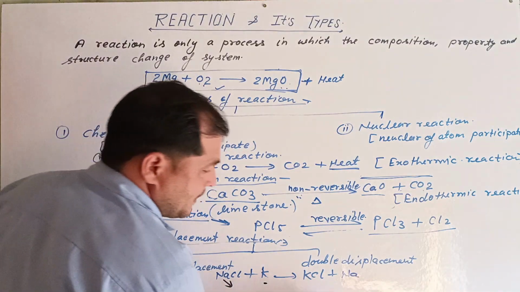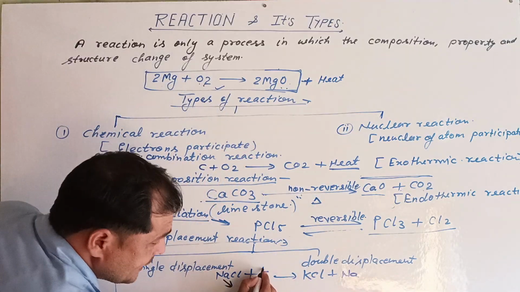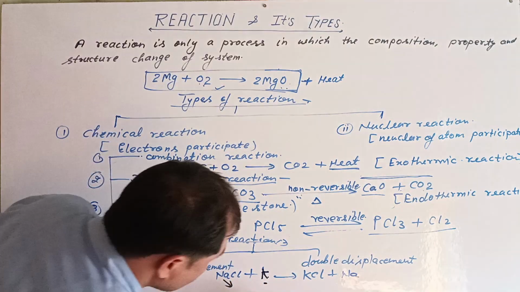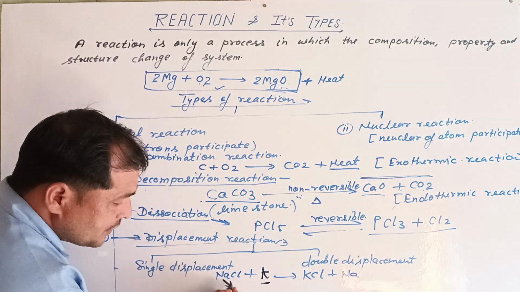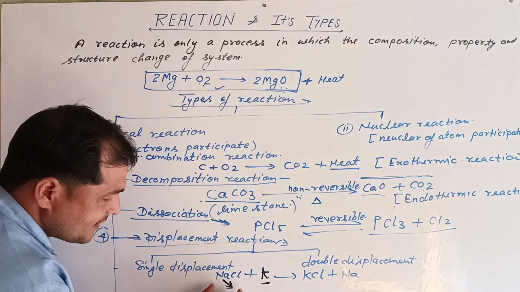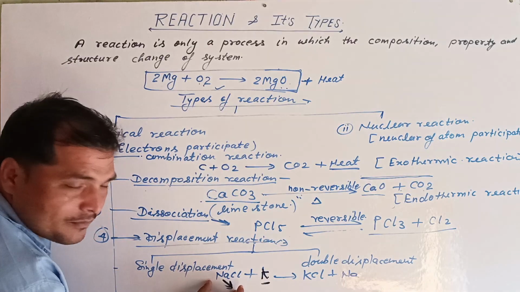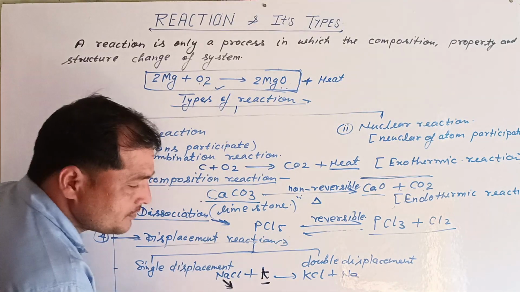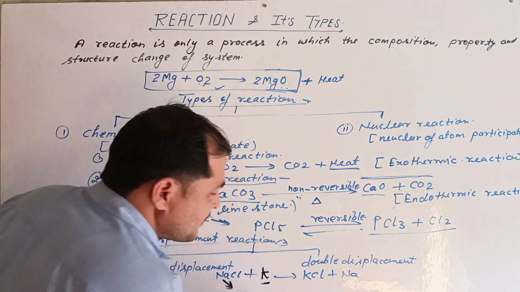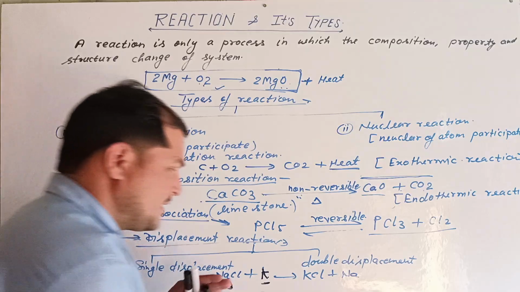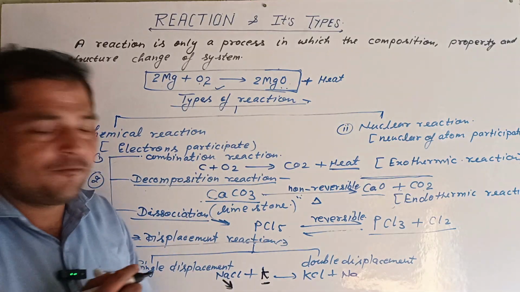Na is separated from this compound. Here in this reaction, a single atom displaces Na, a single atom, from its compound. So this reaction will be known as single displacement.